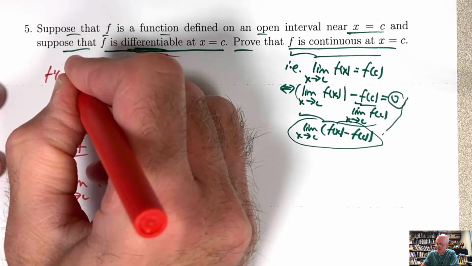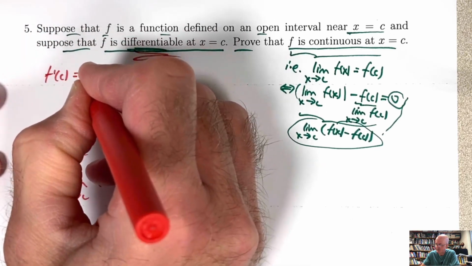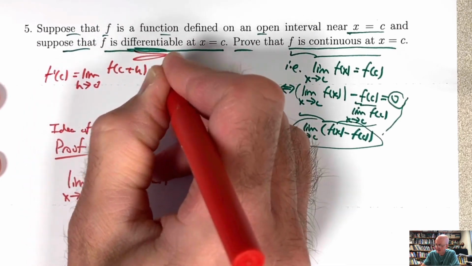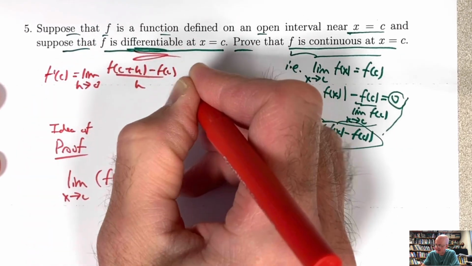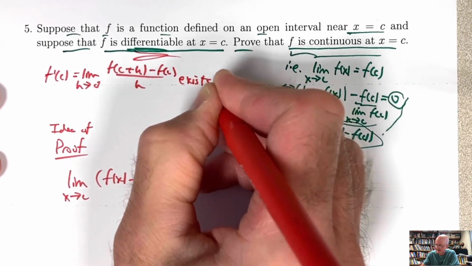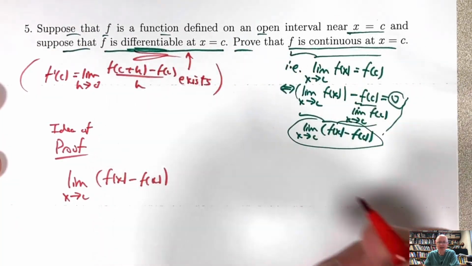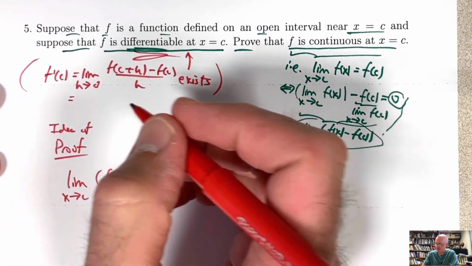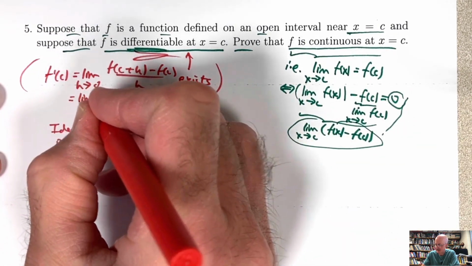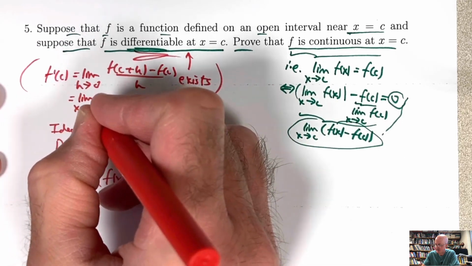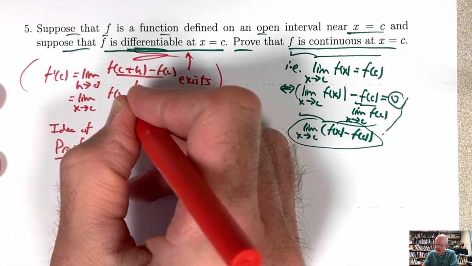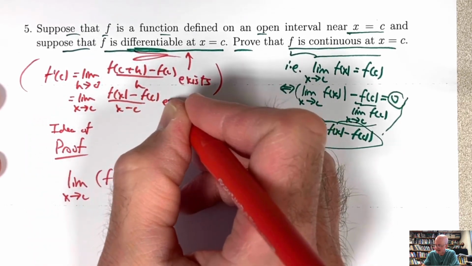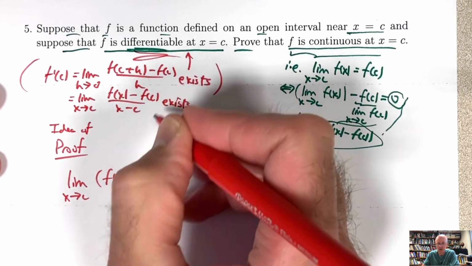Oftentimes you use this form of the definition of the derivative. This limit must exist. That's what this means. That's equivalent to another limit existing. It's equivalent to the limit as x approaches c of f of x minus f of c divided by x minus c existing. Why are these limits equivalent?